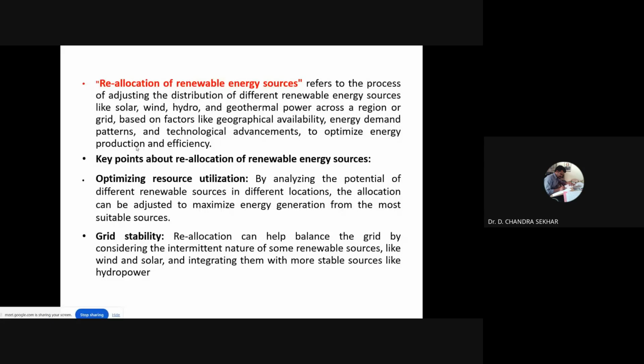That means we need to choose the best resource utilization, because all these grids, either solar plant or wind and hydro and geothermal, are working with intermittent behavior because of their inputs. The solar energy is not at all constant.